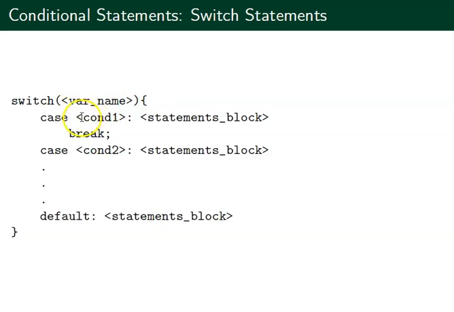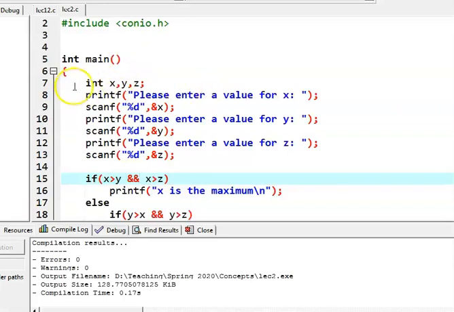In case it matches this value, this is what happens, and then you have to break. In case it matches this, this is what happens, and in case it doesn't match any, then you go for the default.